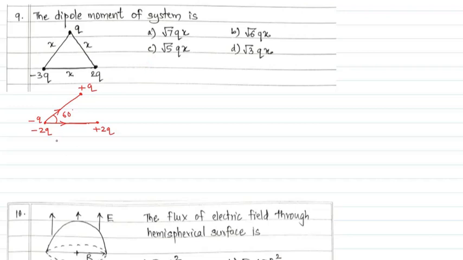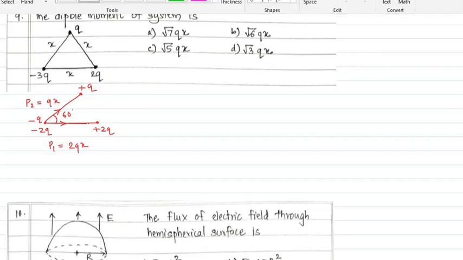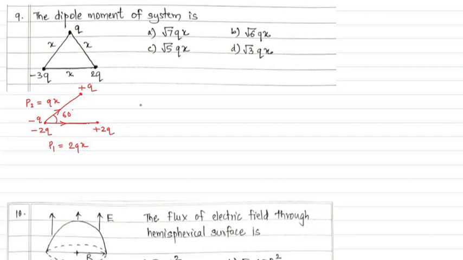If I take this as P1, dipole moment is distance into charge, so this will be 2q into x. Similarly, between these two, it will be q into x, that is P2. Now I will find the resultant dipole moment.